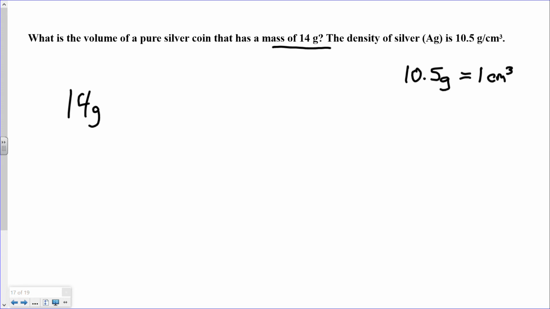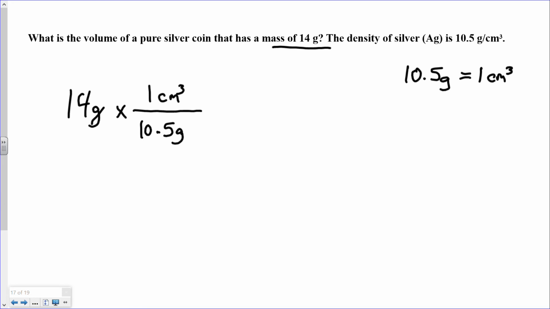So 10.5 grams over centimeters cubed is the same as saying 10.5 grams is equal to 1 cubic centimeter. So now we have a conversion factor that we can use. If we want to multiply by a fraction that helps get rid of grams, I can put the 10.5 grams on the bottom and the 1 cubic centimeter on top.